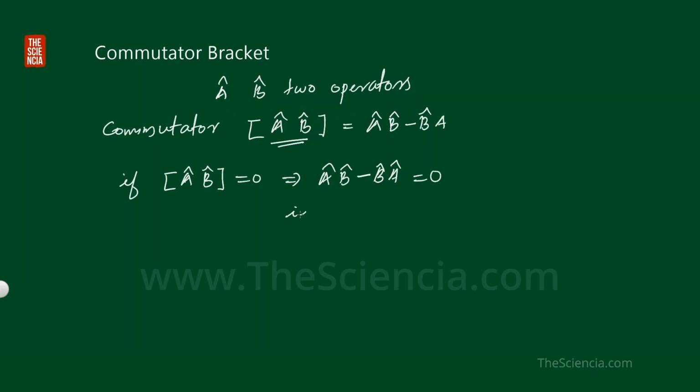That is, AB is equal to BA. If this is the condition, that is commutator bracket AB is equal to 0, then we can say these operators A and B commute with each other.